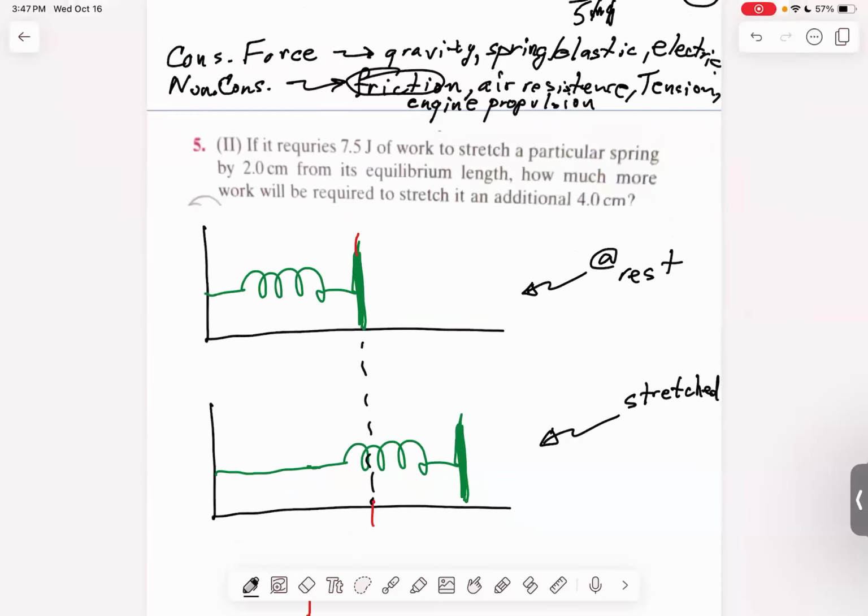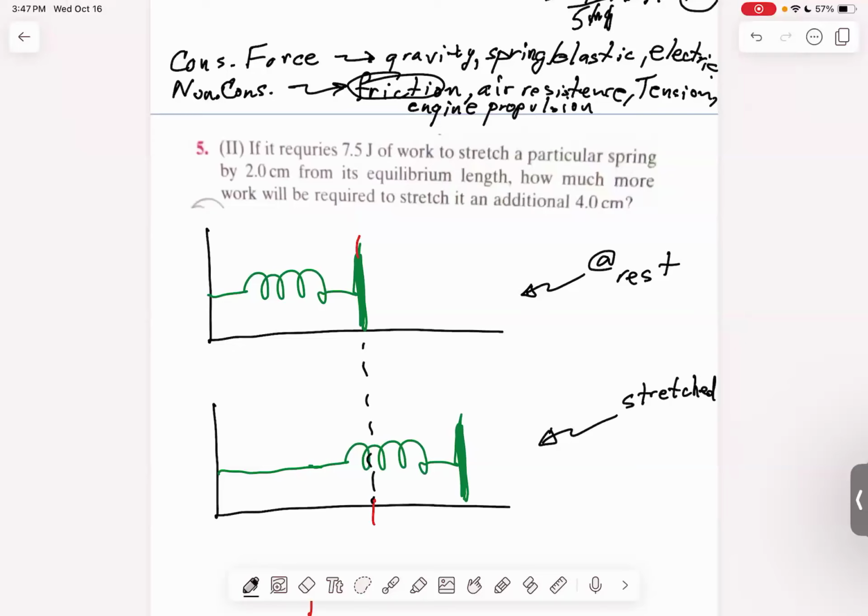All right. And so we're going to pull it some distance. It says that we're going to pull it in this direction, say, and it is 2 centimeters. And let's go ahead, because we don't like non-SI units, put this in SI unit form and change that to 0.02 meters.